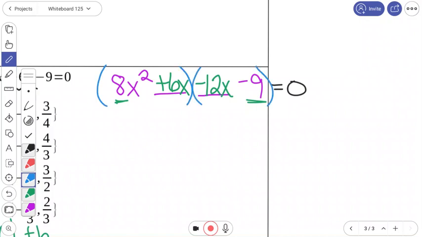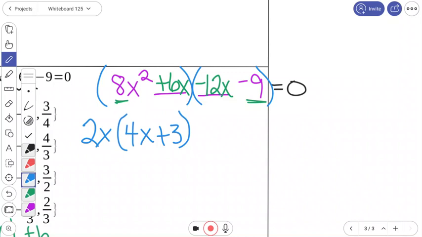So in the first set of parentheses, 8x squared plus 6x, 8 and 6 are both divisible by 2, and x squared and x are both divisible by x. So when I take 8x squared and I factor out a 2x, we're left with 4x. And if we have a plus 6x and we divide out a 2x, we're left with plus 3. And then our second set of parentheses, negative 12x minus 9.